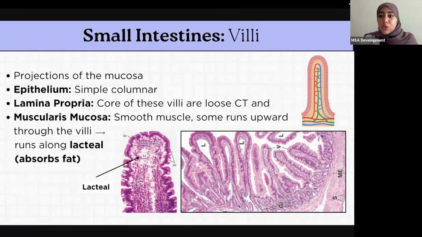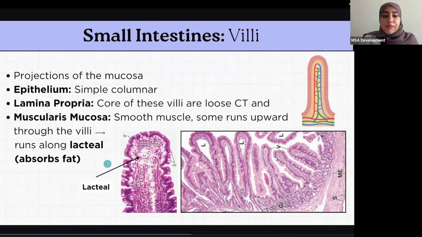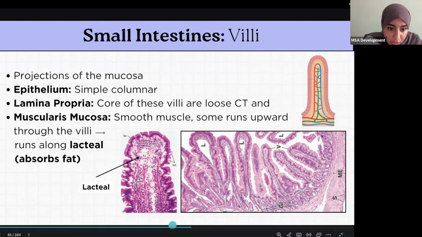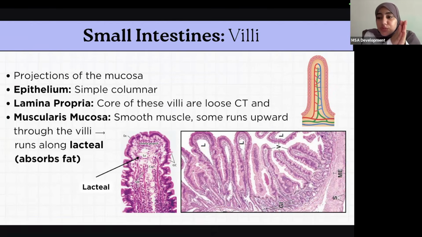So villi, once again, are projections of the mucosa, and they have simple columnar with microvilli. A very important thing is that in the middle of this, there's something called a lacteal, and a lacteal is mainly used to absorb fats. Fats cannot be absorbed normally through capillaries or blood vessels because they're too big.